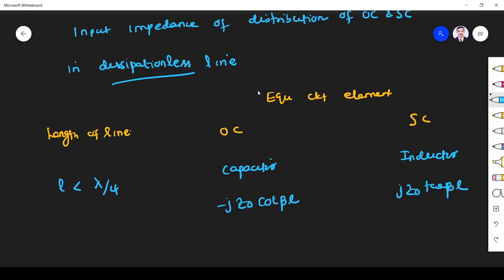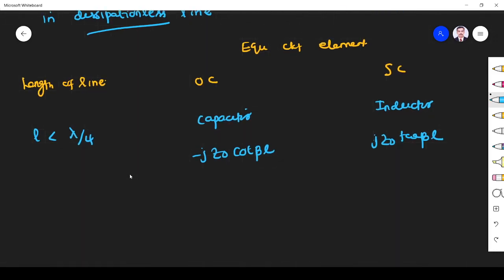What we are going to find is the input impedance. Then open circuit acts as series resonance, and short circuit acts as tank circuit. This is another thing we have to remember.